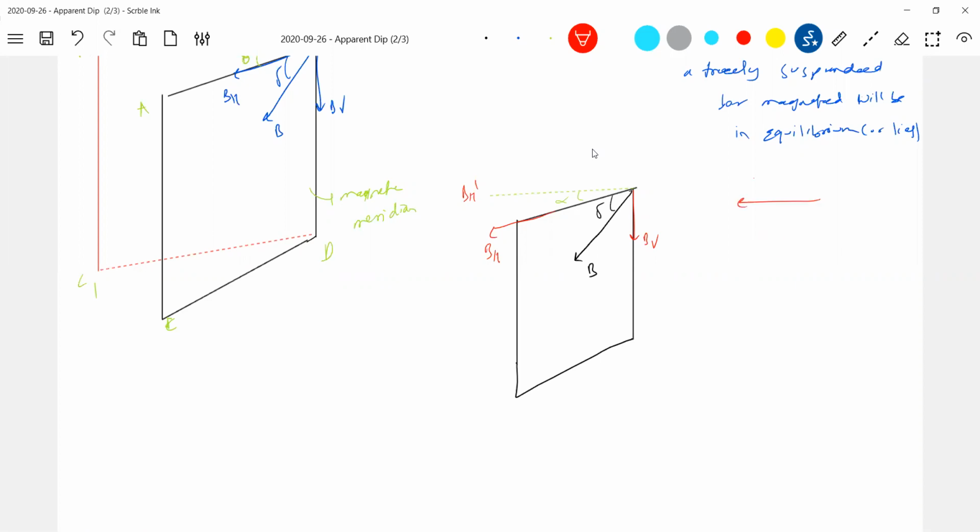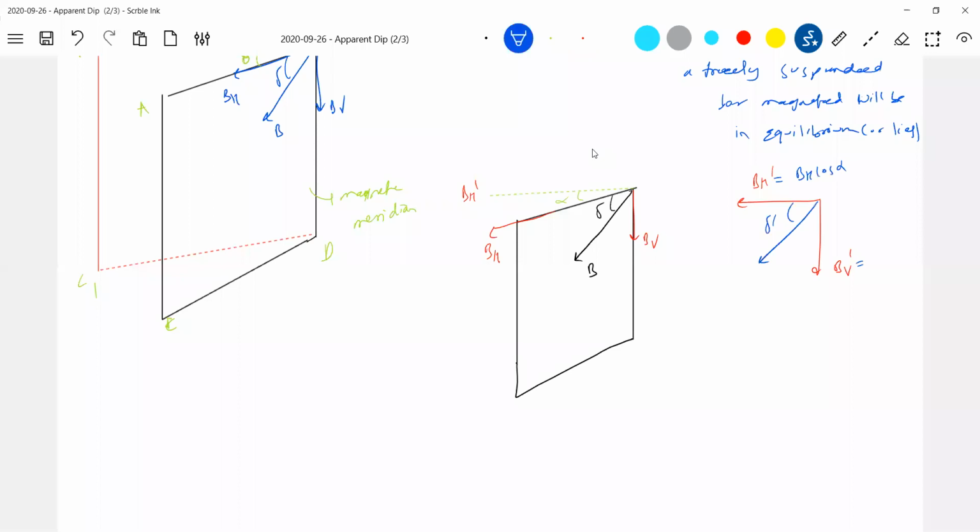So this will be BH dash, BV dash. You write this, and call this delta dash. What is BH dash? BH dash will be equal to BH cos alpha.